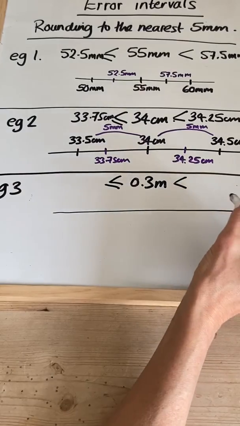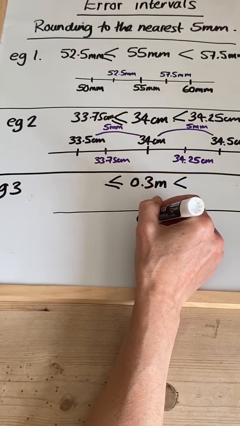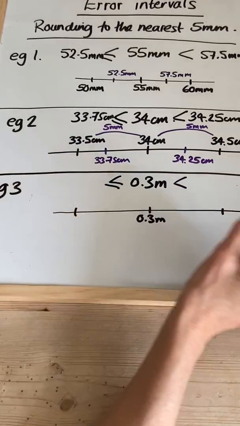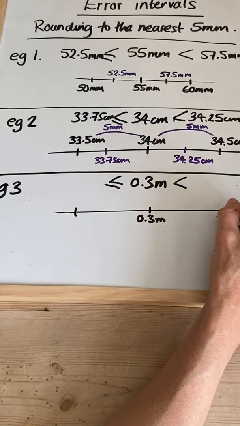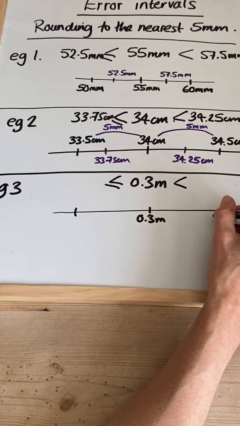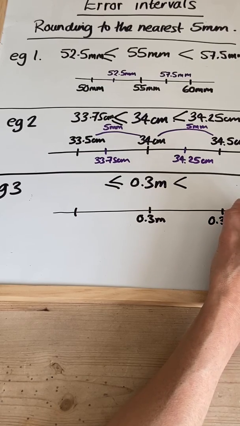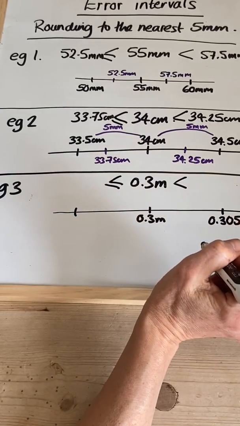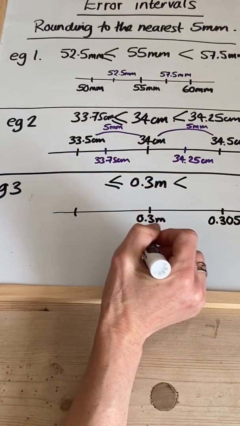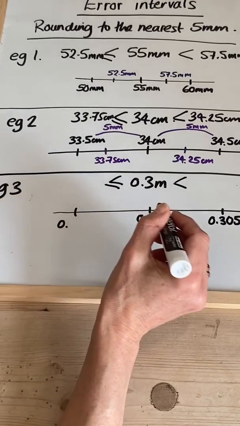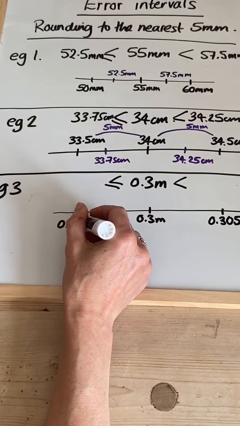So 0.3 meters is there, and then thinking about each side of this. 0.3 meters, add 5 millimeters to that, and I'm at 0.305 meters in that direction. Take away 5 millimeters in this direction, and I'm at 0.295 meters in that direction.